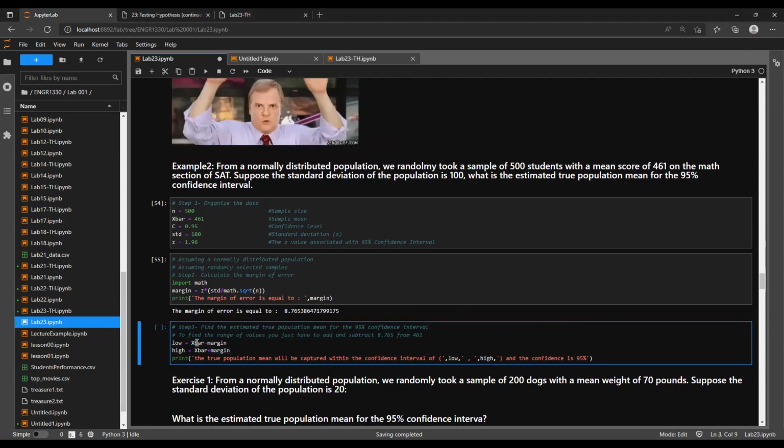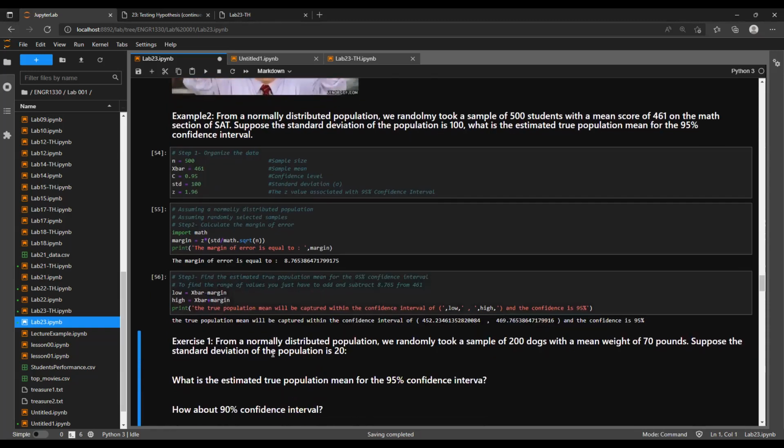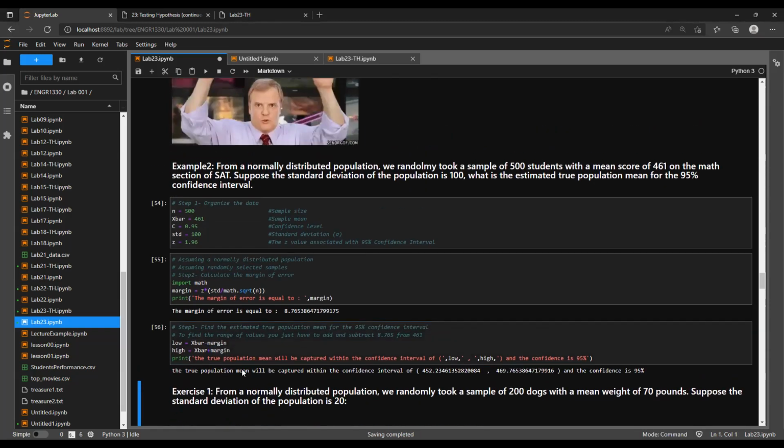So we're going to take our mean and go one margin to either side. So we're saying that the true mean, not the one we just calculated, not the one we guessed, we're going to say with 95% confidence, that's between 452 and 469. And that confidence is 95%.